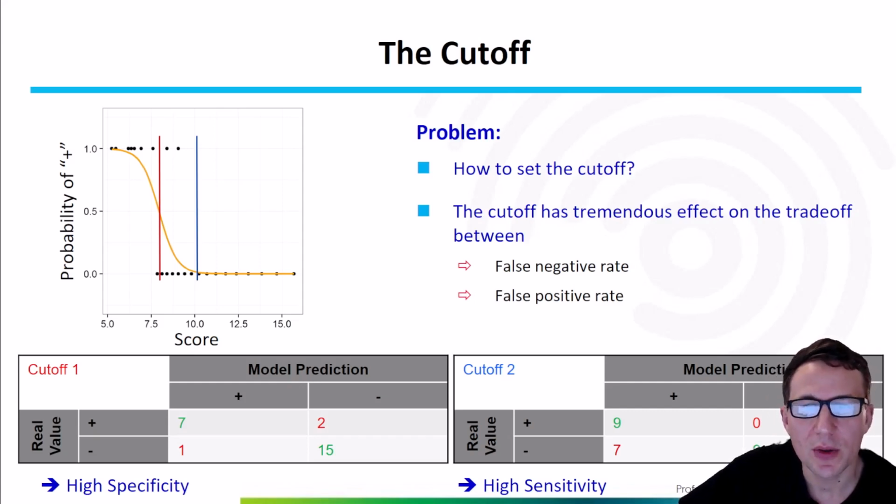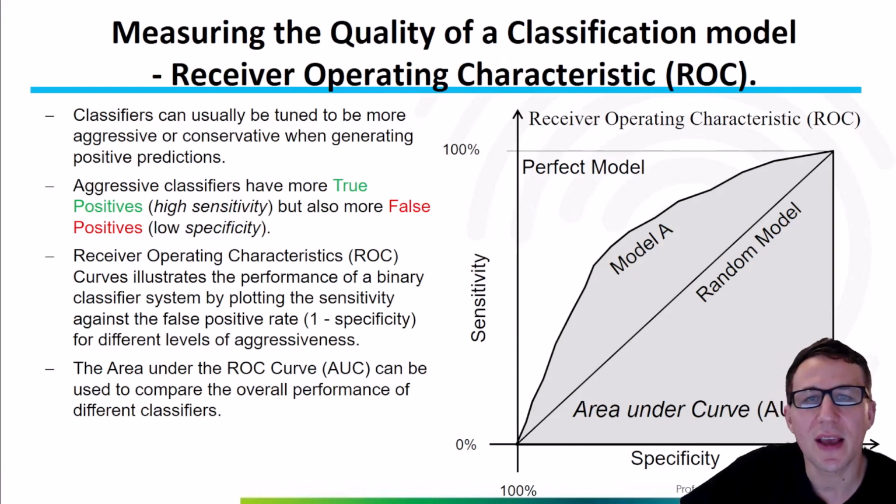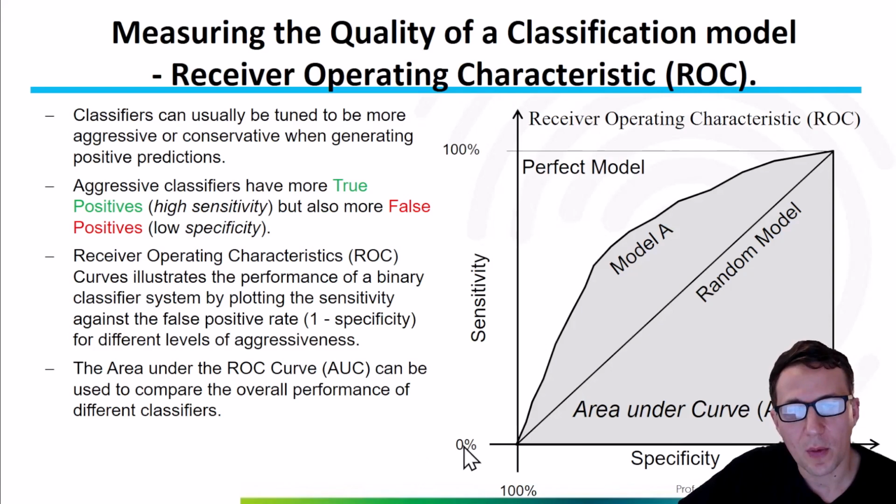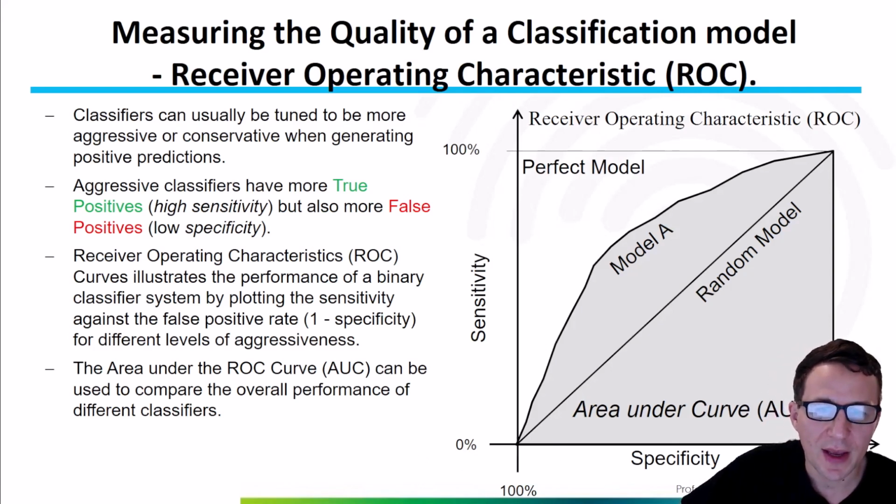And the way we do that is we just take into account all cutoffs. So we try out every possible cutoff, and each value of a cutoff gives us 1 point on this receiver operator characteristic curve. So one cutoff gives us a sensitivity of maybe, say, 80% and a specificity of maybe 30%.